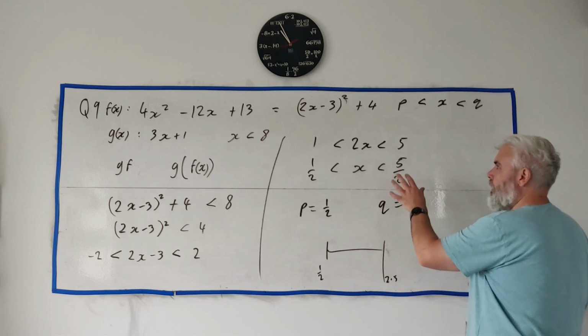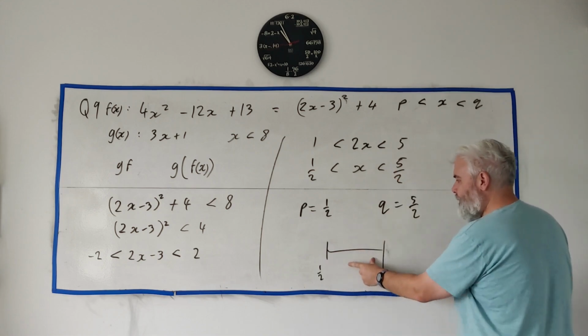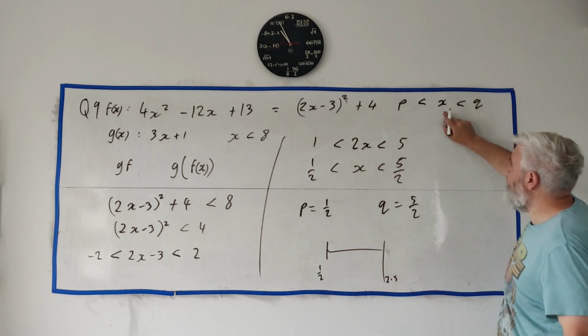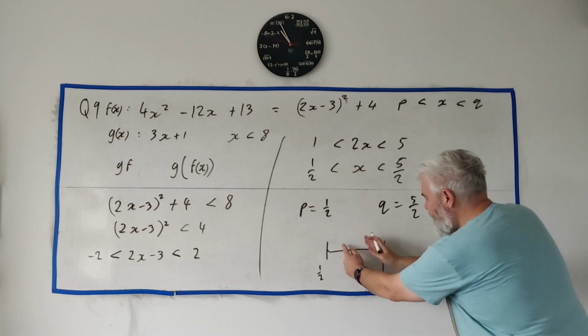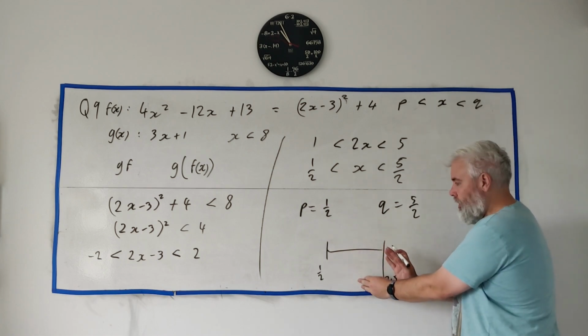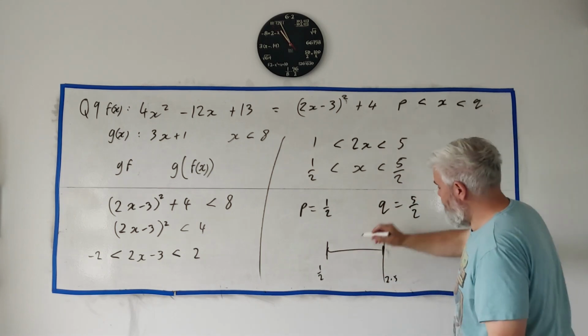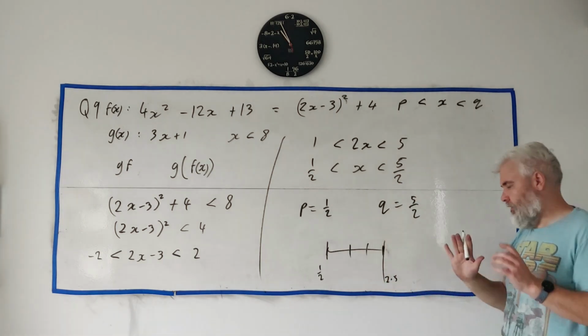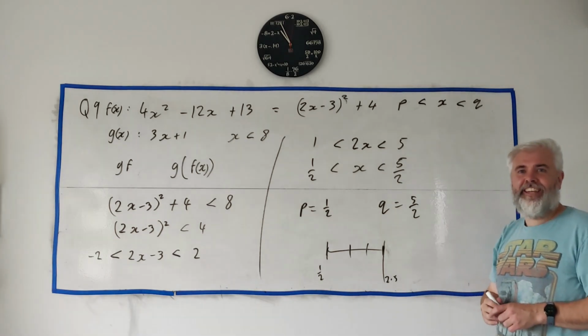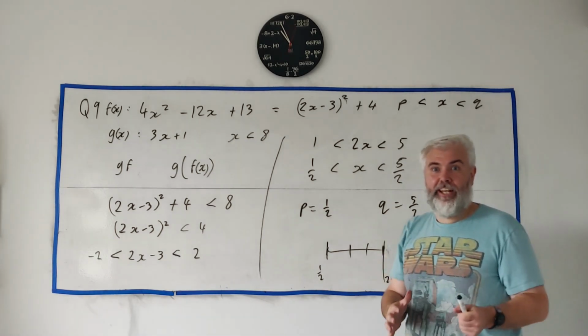Again, the shape of the curve tells me the answer has to be in here. But the rule they gave, P and Q, could have been anywhere in here. They just said the minimum is here and the maximum is here. But they could have easily said here and here or something. Right, I hope I've explained that. Let me clear this off and we'll do the next part.